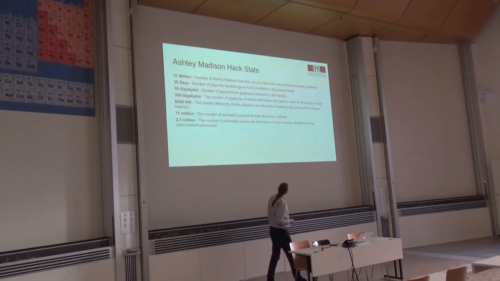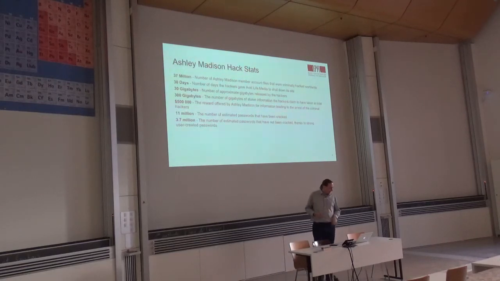The hackers gave Avid Life Media, the owners of this site, an ultimatum to shut down its site, but then released about 30 gigabytes of information, and the hackers claimed to have 300 gigabytes total. I can't remember the exact details of how this sorted out in the end, but at any rate, a big deal affecting lots of people.